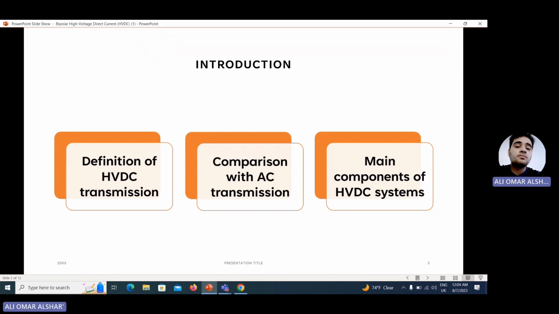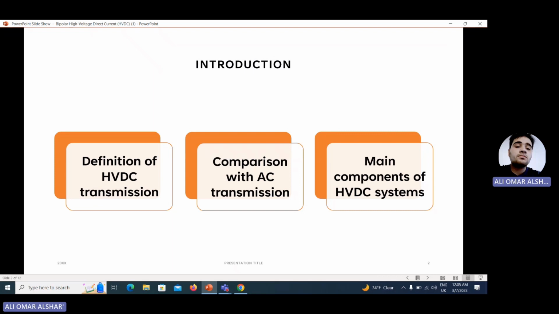High voltage DC mainly uses a constant or fixed current, not a variable current. So that's the definition of the transmission lines in high voltage DC.